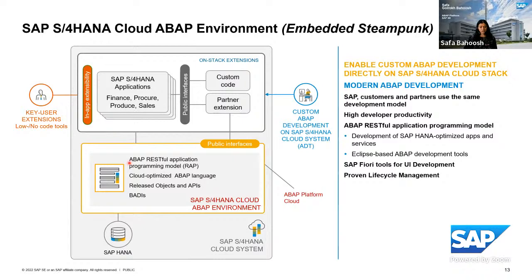But the big advantage of this new environment, and that's also why we are doing this exercise, is that all development you do in such an environment will be upgrade stable, as it is in the BTP as well. So if you work within the boundaries of the embedded Steampunk environment, this ensures that your development code will remain upgrade stable for our future S/4HANA releases.